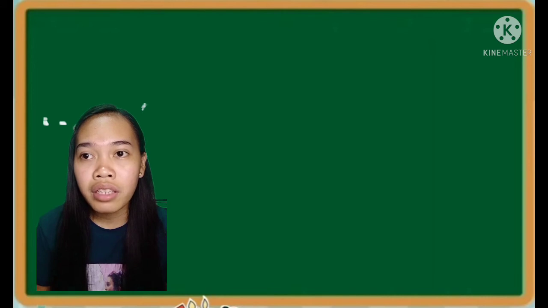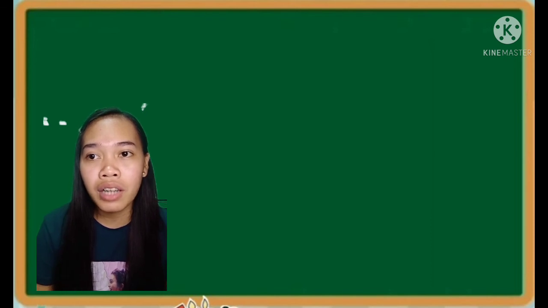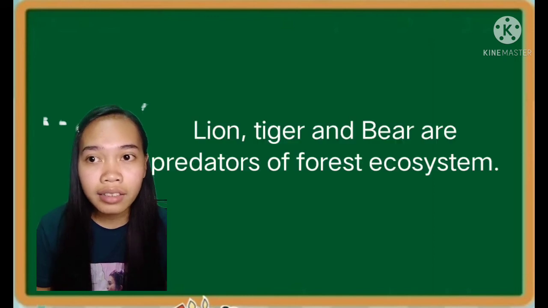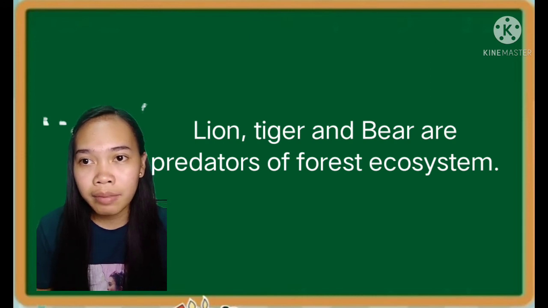Predation is very important in community dynamics, and it helps to maintain the constancy of the number of different trophic levels in the ecosystem and thereby maintain the stability of the ecosystem. An example of predation is that lion, tiger, and bear are predators of the forest ecosystem.